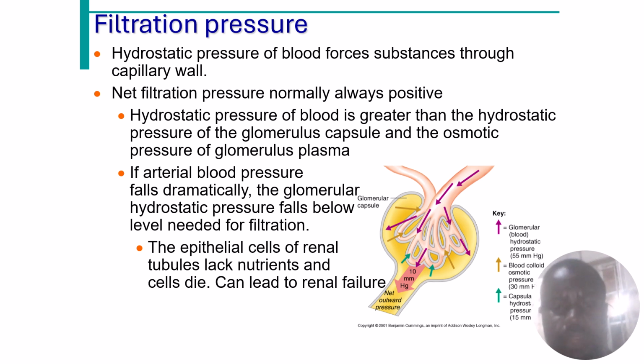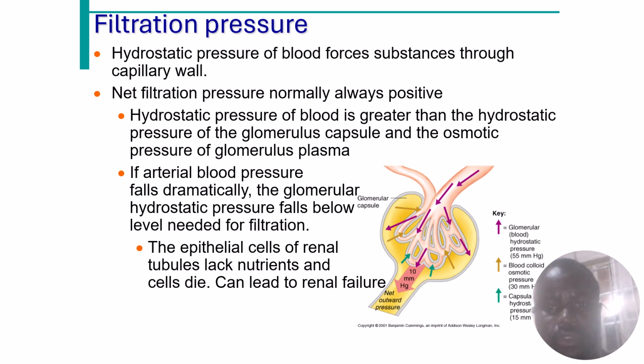What keeps the plasma within blood vessels is oncotic pressure exerted by plasma proteins like albumin. And so the difference between albumin oncotic pressure and hydrostatic pressure exerted by plasma is what ensures that filtration takes place. So in this case, increased blood volume can actually increase filtration. Reduced blood volume can actually reduce filtration.